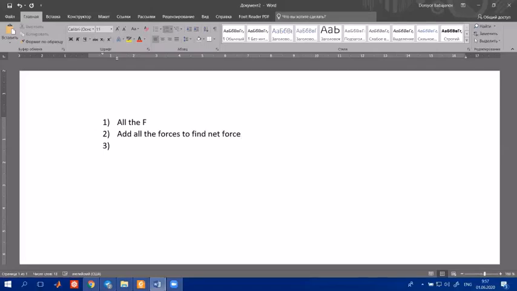So I explained how to add forces with the vector additions. And the third step, write down Newton's second law and find acceleration.